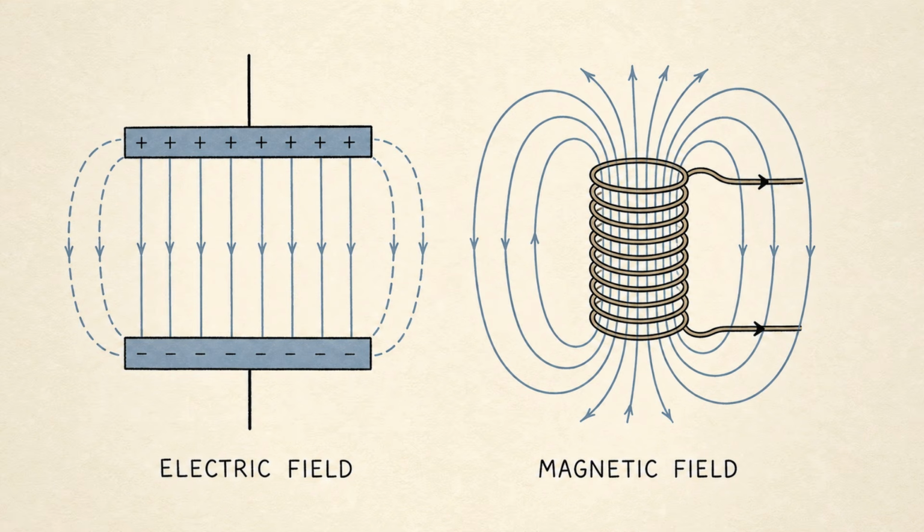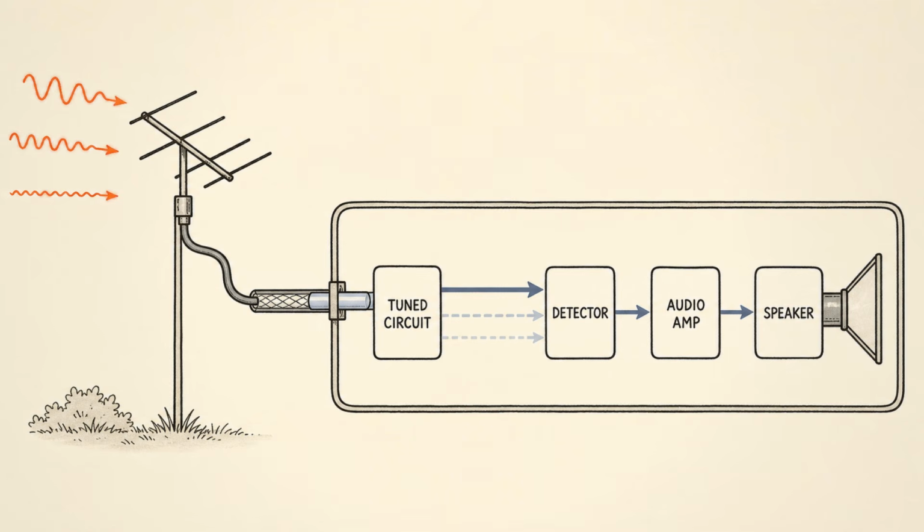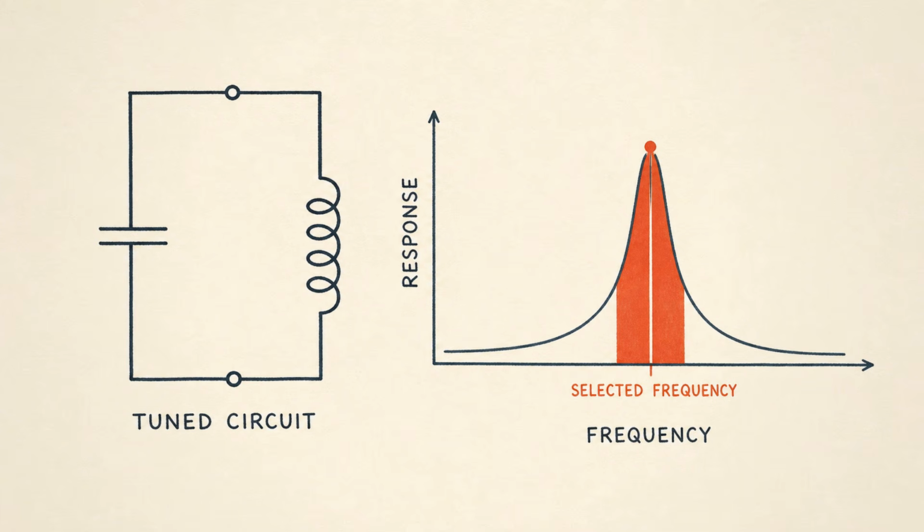A capacitor stores energy in an electric field. An inductor stores energy in a magnetic field. When they are used together, they can form a tuned circuit. A tuned circuit responds strongly to one frequency or a small range of frequencies. This is important in radio because an antenna may receive many signals at the same time. The receiver has to select the wanted signal and reject the others.